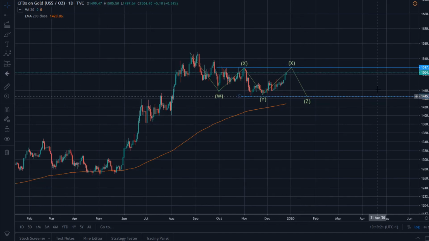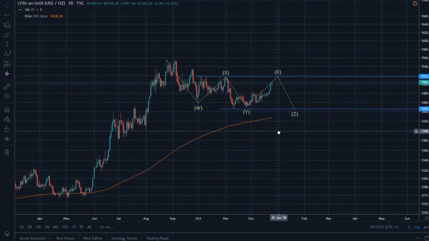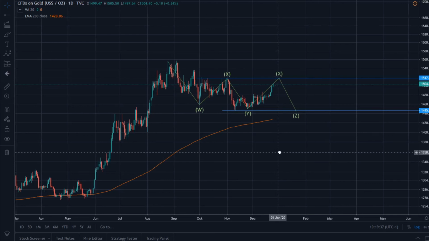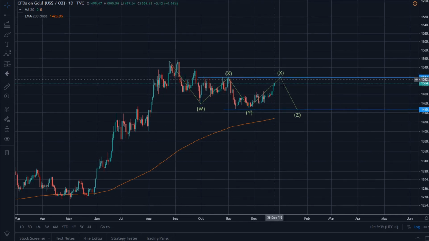It's very uncertain, and if this turns out to be an impulse, which in my opinion it really does not look like, I would have to find some way to count this, which of course is possible, but right now with the given candles and hourly, daily perspective, there's just nothing much I can say with certainty.